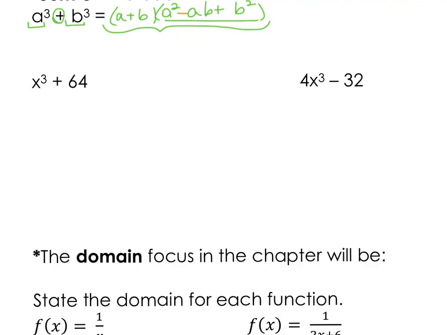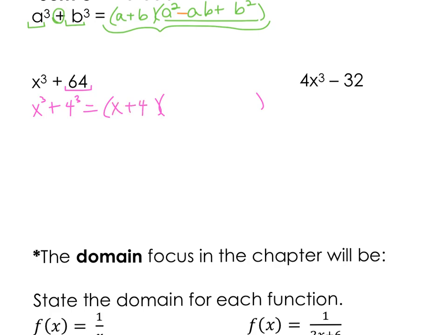To factor x cubed plus 64, we first have to recognize if that second number is in fact a perfect cube, because I know 64 is a perfect square. 64 can be rewritten as 4 cubed, so therefore the sum of 2 cubes applies in this breakdown. Remember, we get a little parenthesis and a big parenthesis. In the little parenthesis, it's just the first term plus the second term.